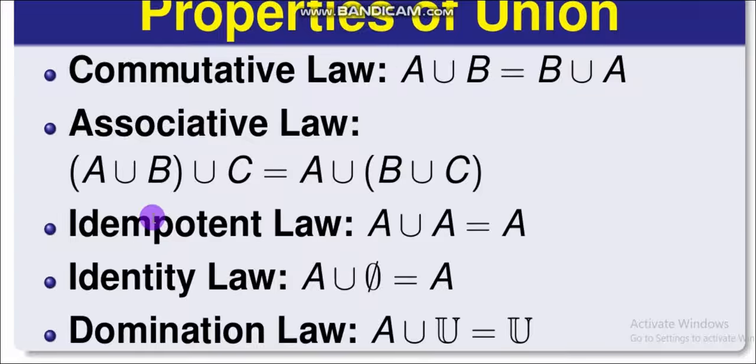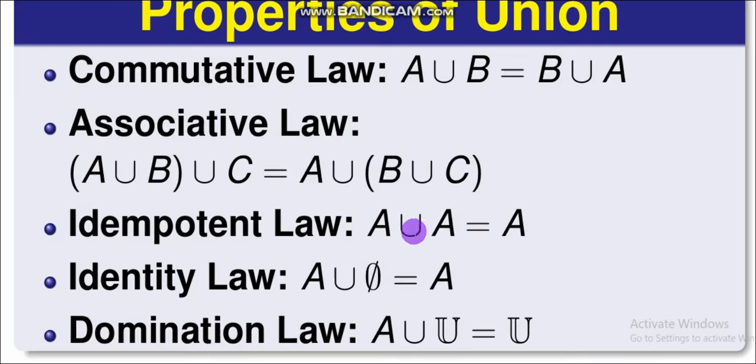Then there is the idempotent law. The idempotent law is when you have a set united to itself, meaning you have the same set operating on itself and the result will not change.